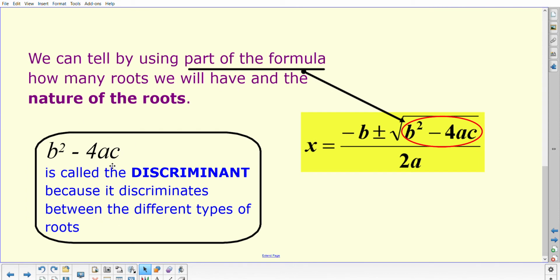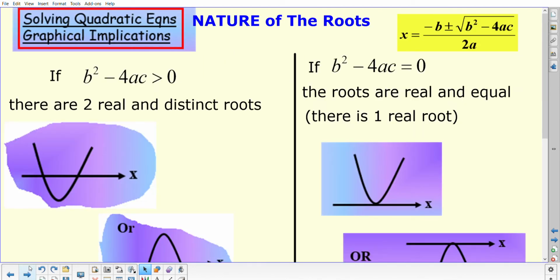Because that happens, this b squared minus 4ac is called the discriminant, because it discriminates between the different types of roots.